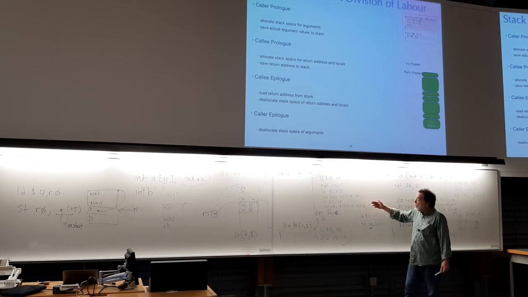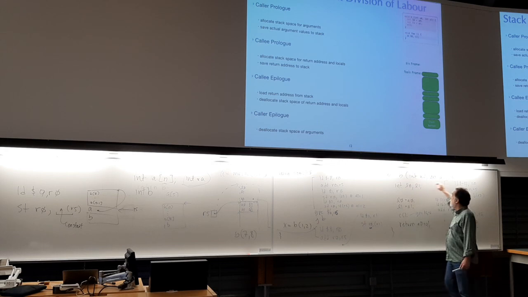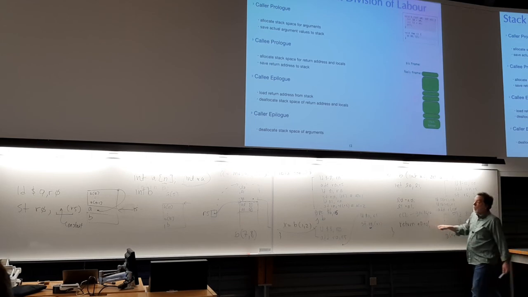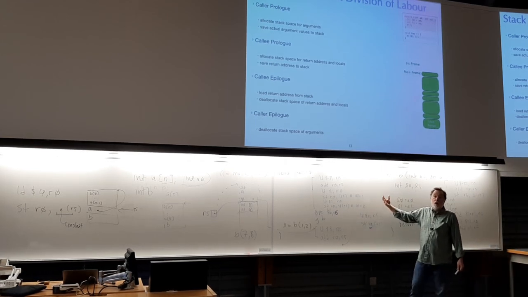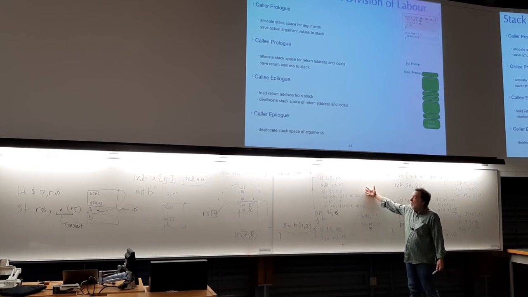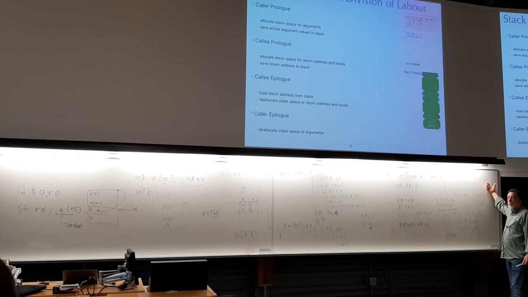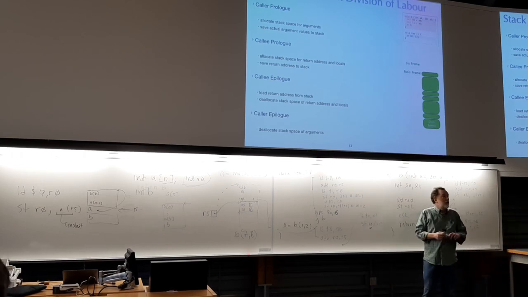We have the control flow part, which is storing the return address in a register here, jumping here, and then saving the return address on the stack here, restoring it from the stack here, and jumping back to that location. And we have the dynamic allocation of the activation frame. Part of it's allocated here, the rest of it's allocated here, part of it's deallocated here, and the rest of it. Does this make sense?